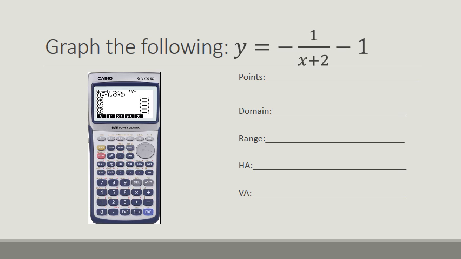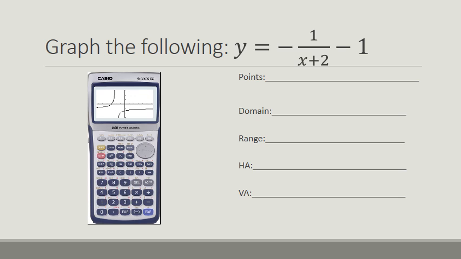Now some of the newer graphing calculators have a fraction mode where it'll write it right on top of each other, but this one doesn't. And then -1, not 144, -1. And I'm going to graph it, and it looks like this.